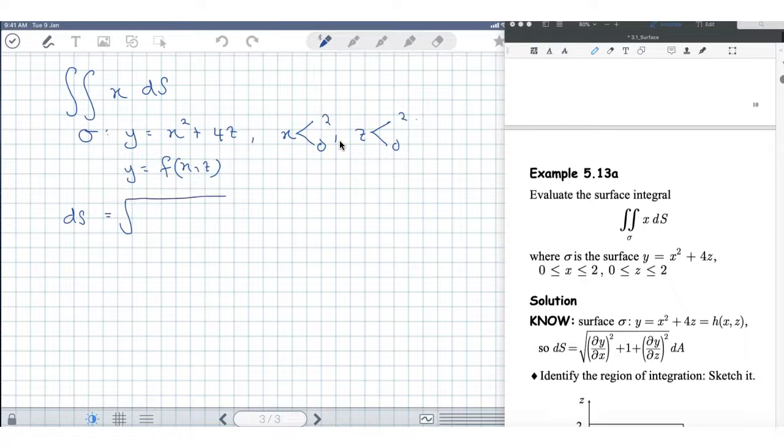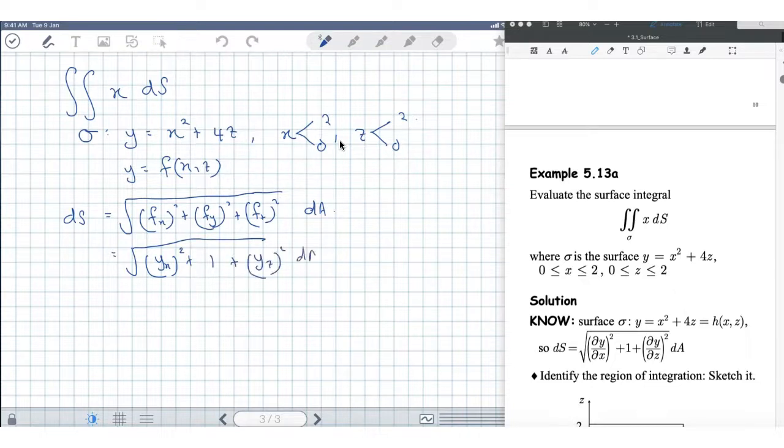The formula that you have to apply here is the square root of f_x squared plus f_y squared plus f_z squared. I put this in general, but since now it is y, it becomes the square root of y_x squared plus 1 plus y_z squared dA.